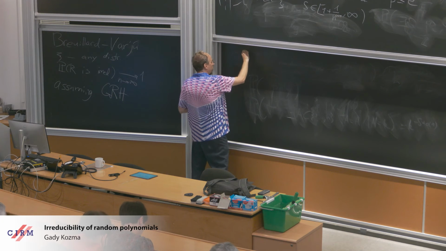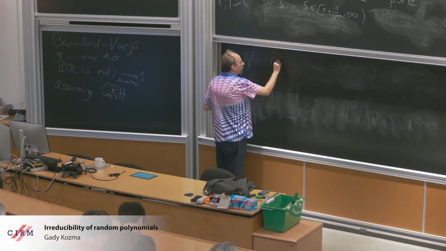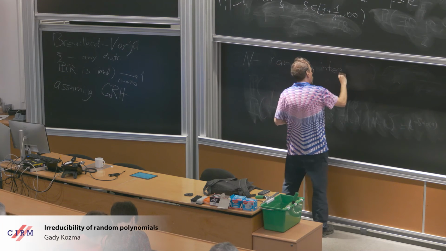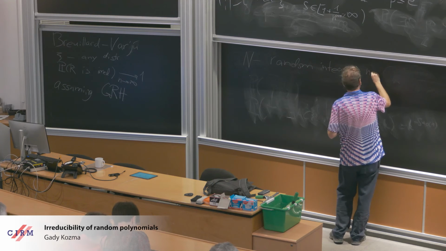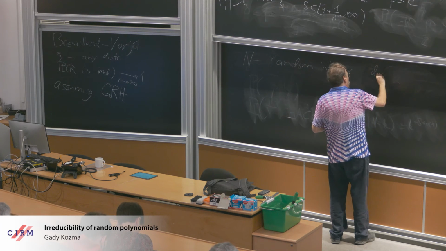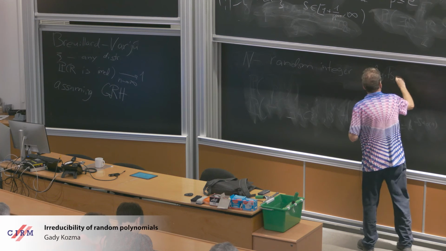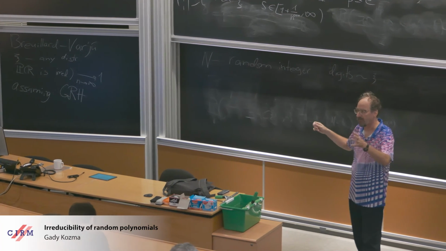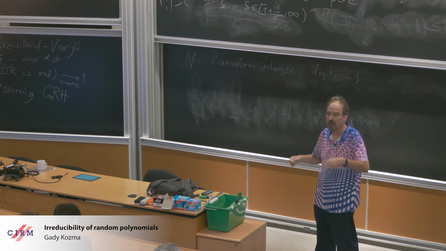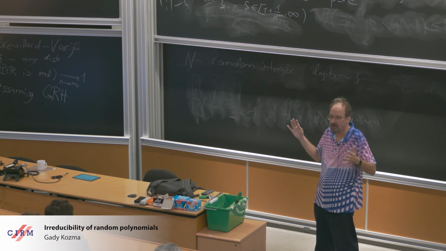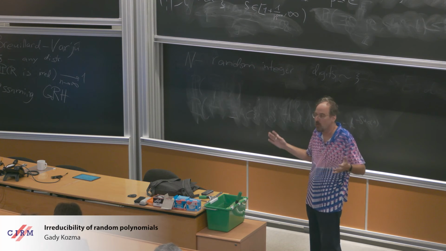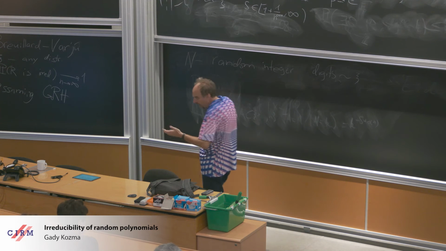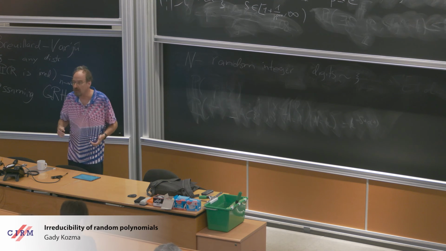So you take, for example, n a random integer with non-uniform digits. Digits are distributed by some xi. You choose whatever xi that you like. For example, you don't like the digit 7, so you take the distribution which gives 1/9 probability for all digits except 7 and 0 for digit 7, or whatever distribution you like.